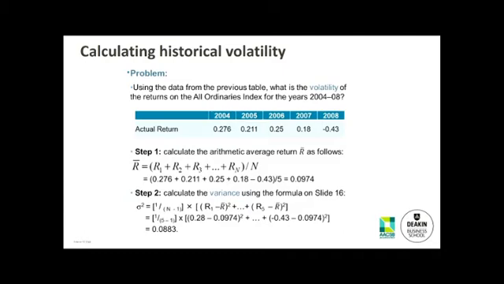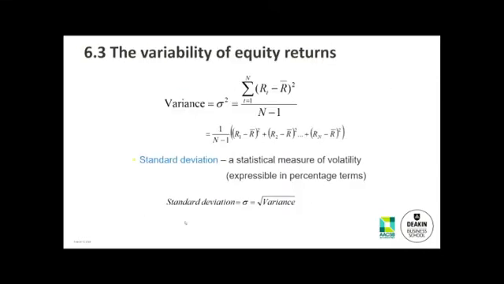So what happened here is, for each of the returns, you take the difference, and then you take the square. You repeat the process 5 times. The last return will be negative 43% minus negative 9.74%, and then you sum them up. It will then give you the numerator of the variance.